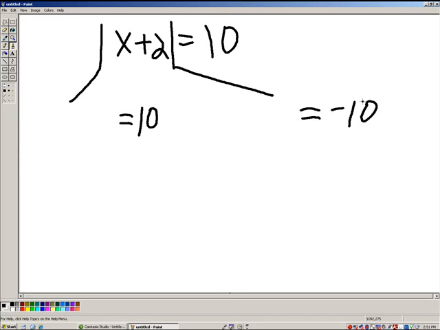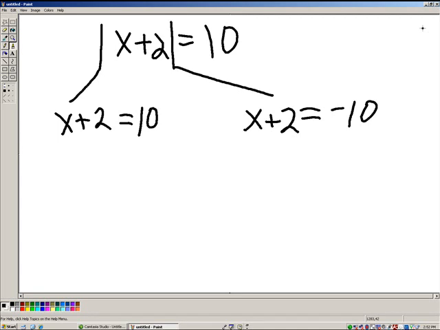All we need to do is write what is actually in the absolute value sign down in front of the equal sign. Notice we don't change anything from inside the absolute value sign. X plus 2 is x plus 2 is x plus 2. That doesn't change. What we're changing is what it is equal to. It could be equal to a positive 10 or it could be equal to a negative 10.